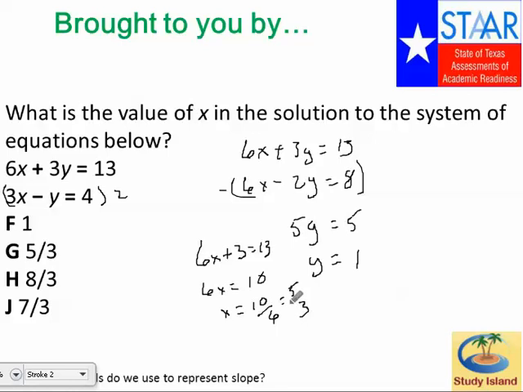Okay? Now, going back and reading the question, what's the value of x? 5 over 3. That would be this one right here. I hope you see how I did that elimination. That's one of the techniques that is used to solve a system of equations. Okay?